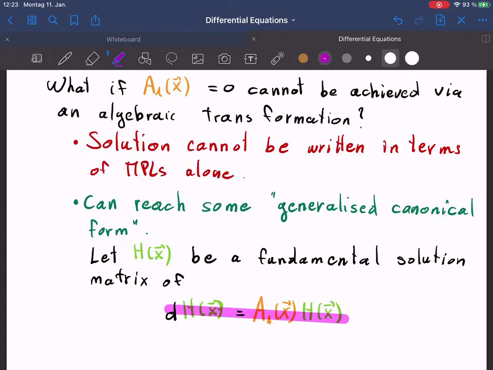That is the differential equation, first order, linear. A1 is a matrix. Say A1 is an n times n matrix, so H is a vector, the unknown is a vector with n components, and there are n independent solutions.